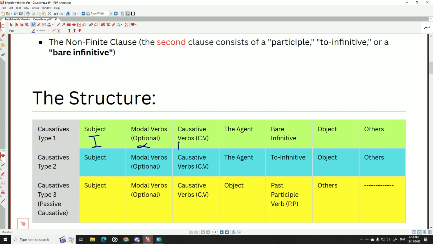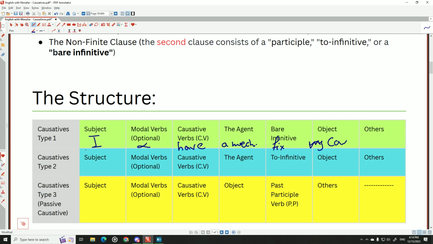Causative verb, have. Agent, a mechanic. Bare infinitive, fix. Object, my car. I have a mechanic fix my car. This is type 1.